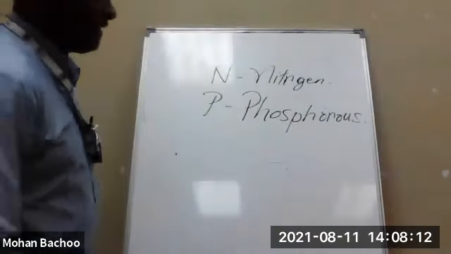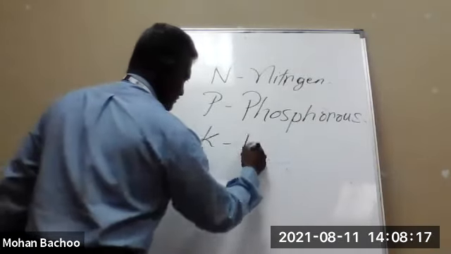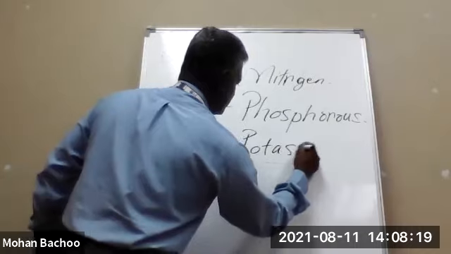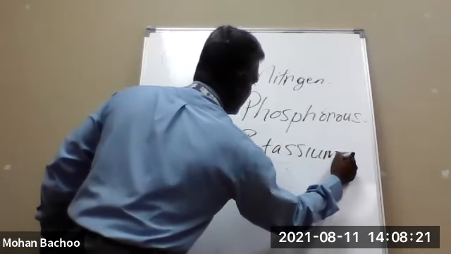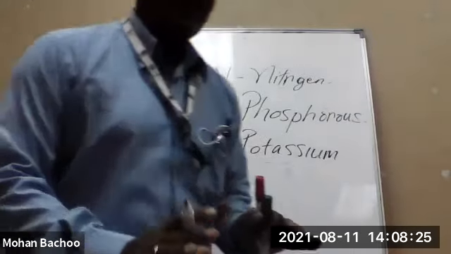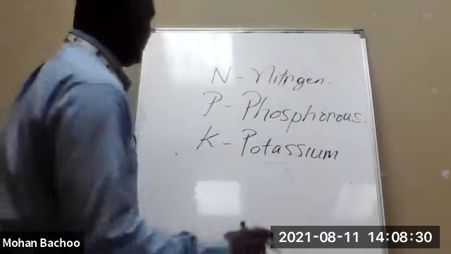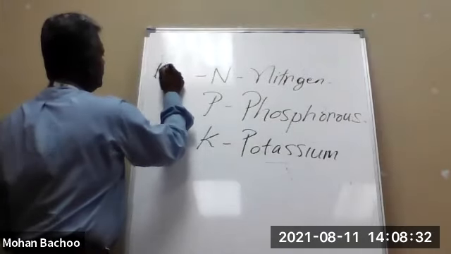And what is K for? Potassium. So we have nitrogen, phosphorus, potassium. Once you understand fertilizers, you realize now, we said nitrogen is for what? The leaves, right? So that's for leaves.